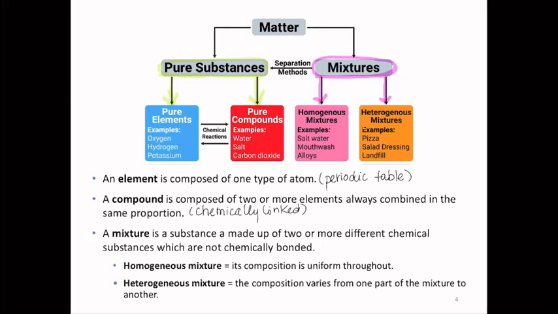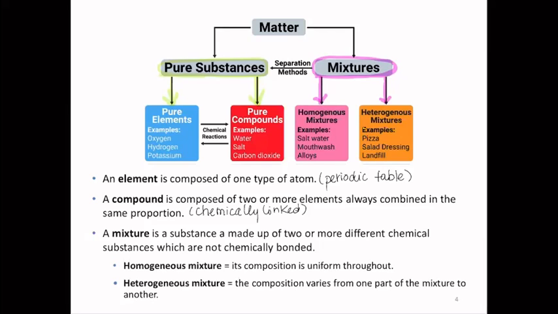On the other hand, for a heterogeneous mixture, we are going to have the different components present, and you will be able to see them in the mixture. That's why you see the examples here for pure elements, pure compounds, homogeneous mixtures, and heterogeneous mixtures.